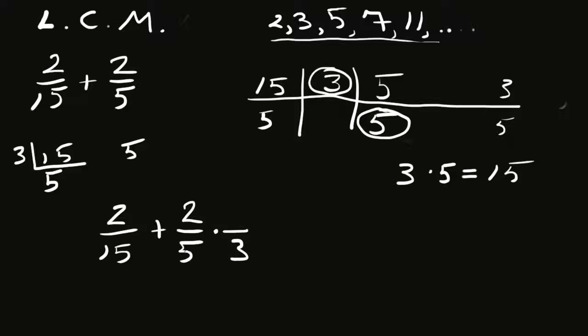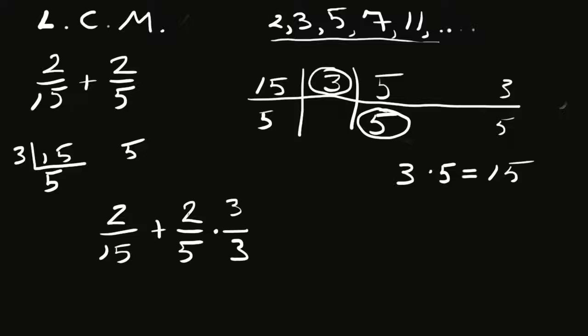And the only way we're allowed to multiply the denominator by 3 is if we multiply the numerator by 3 as well. Because when we multiply any fraction by something which is the equivalent of 1, we change the form but not the value.